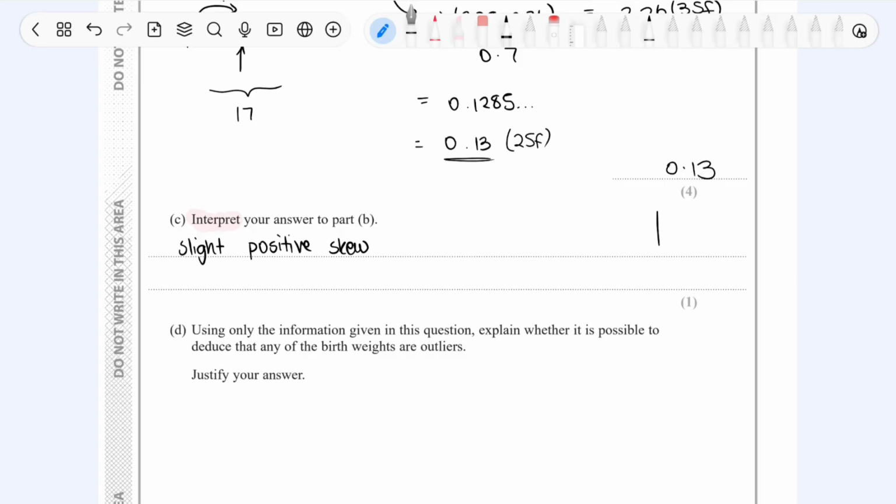Now if I illustrate this using a positive skew diagram, which should look something like so, if the median was located here, then you can see that more data is packed in this part here, but there's more spread to the right of the mean. So we could say that the weights above the median have a greater spread than below the median, as you can see illustrated by the graph.